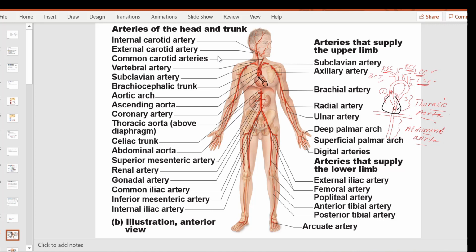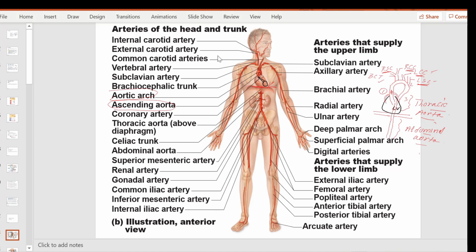So here you see the ascending aorta, okay, then the aortic arch, then the descending aorta above the diaphragm. This is the diaphragm, thoracic and abdominal aorta, okay.